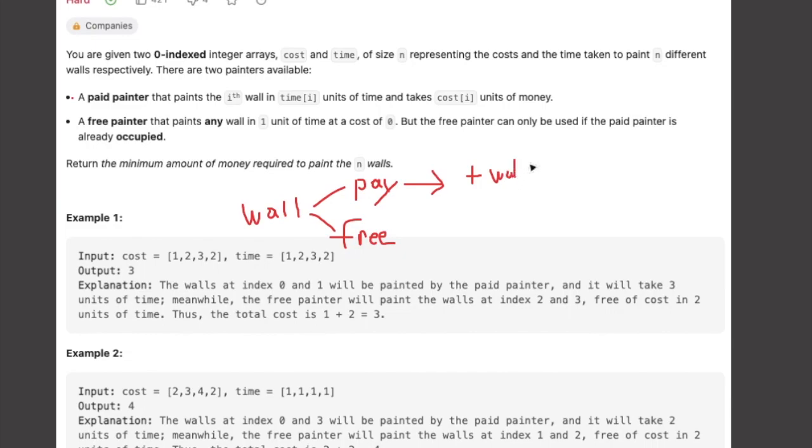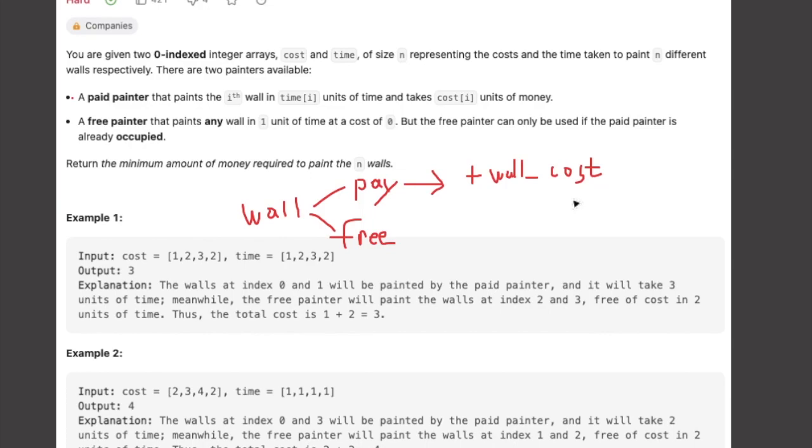So this is expected, we add that to our total result: plus wall cost.